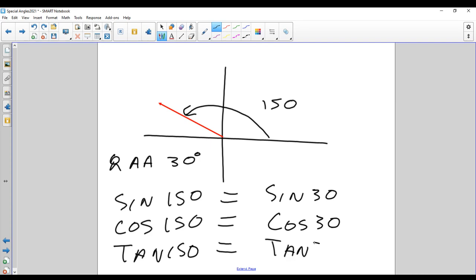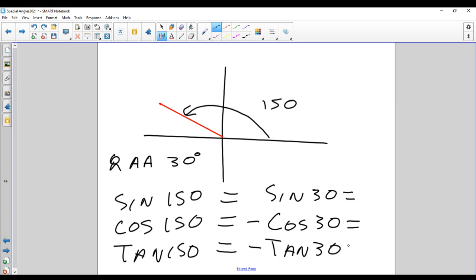But some of these are going to be positive, some negative. Which ones are positive and which ones are negative? Rosie, which one should be positive, which one negative? Sine is positive, cosine is negative, and tangent is negative. Just like the ones before.